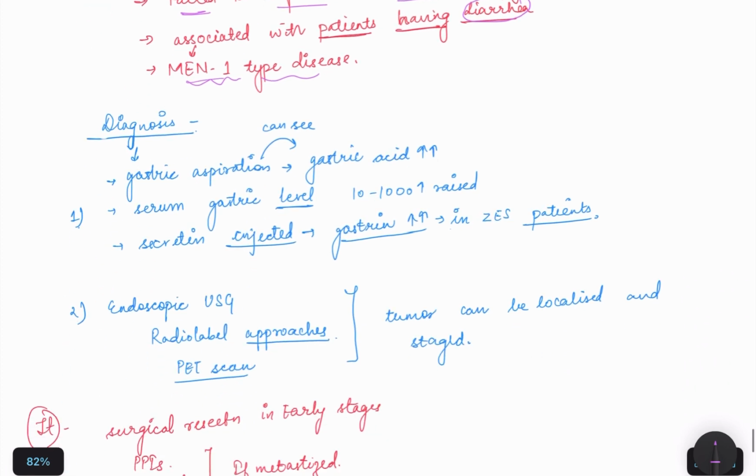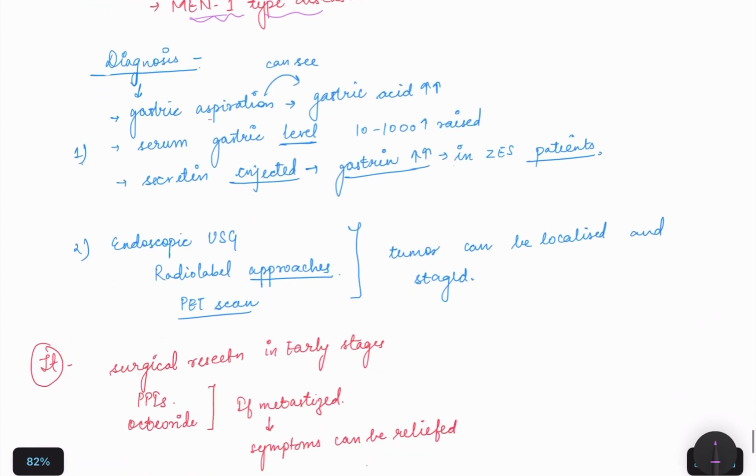How can we diagnose this disease? We can diagnose by gastric aspiration, in which gastric acid secretion will be more. We can check the serum gastrin level, in which patients have 10 to 1000 times raised levels of gastrin. We can inject secretin, which is called the secretin study, in which the gastrin level will be high in Zollinger-Ellison patients.